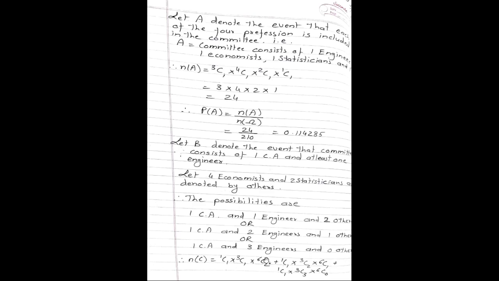So the number of favorable outcomes to the event is given by 1C1 into 3C1 into 6C2, plus 1C1 into 3C2 into 6C1, plus 1C1 into 3C3 into 6C0.